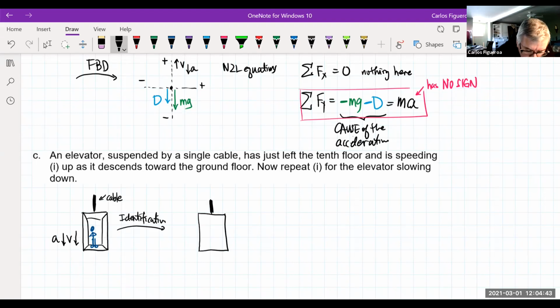If this is the cable, clearly there has to be some force of the cable. So when I isolate my elevator, this has to be the cable pulling this thing up. And then, of course, gravity has to be pulling down.